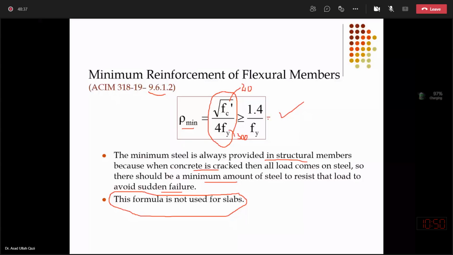Can you tell me? Please determine. 20 under root divided by 4 into 300.